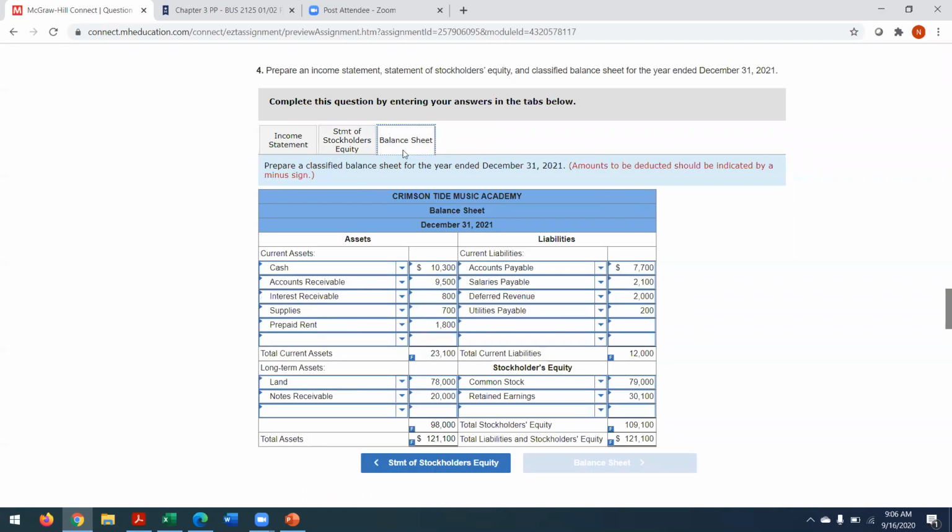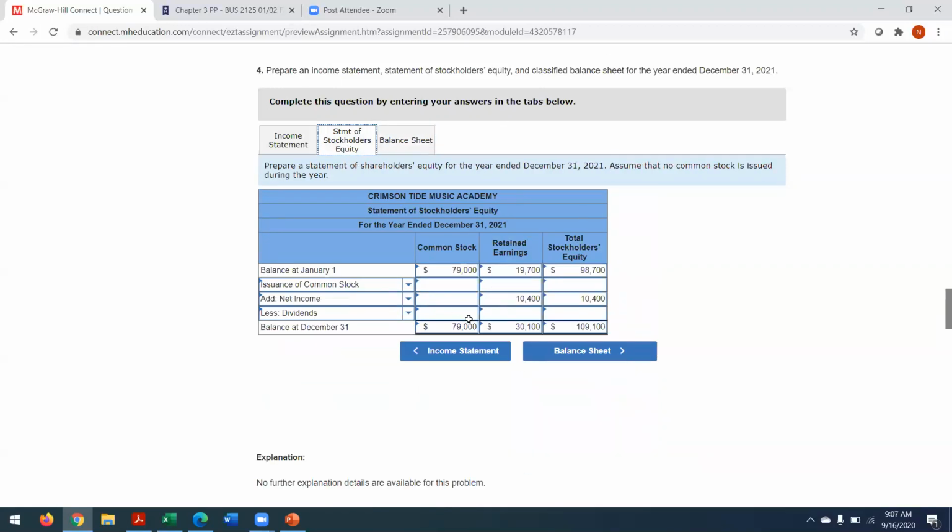From there, we will create our balance sheet. All of the assets and all of the liabilities come from the adjusted trial balance. The stockholders' equity section will come from the ending balances.